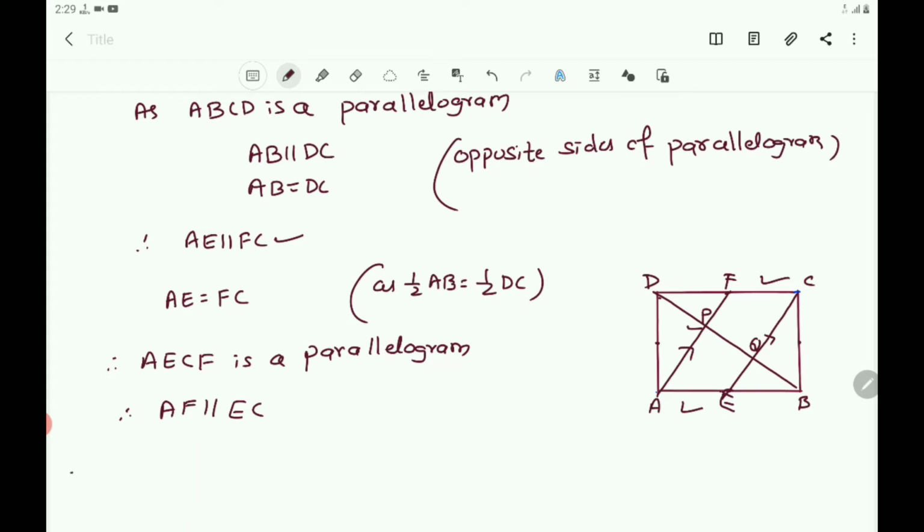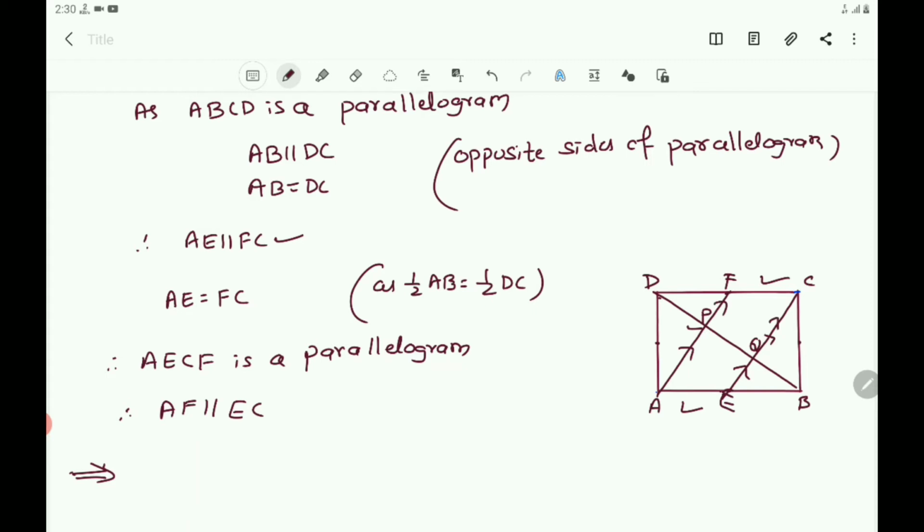This implies EQ is parallel to AP. Here, as AF and EC are parallel, EQ is also parallel to AP, and CQ is parallel to PF.